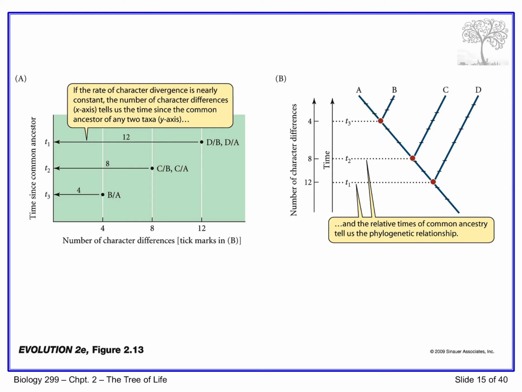Okay, so let's take a look here at an example of this. For a molecular clock to work, mutation rates have to be relatively constant. That's a key point. Also, there can be no homoplasy resulting from convergent or parallel evolution or reversal.